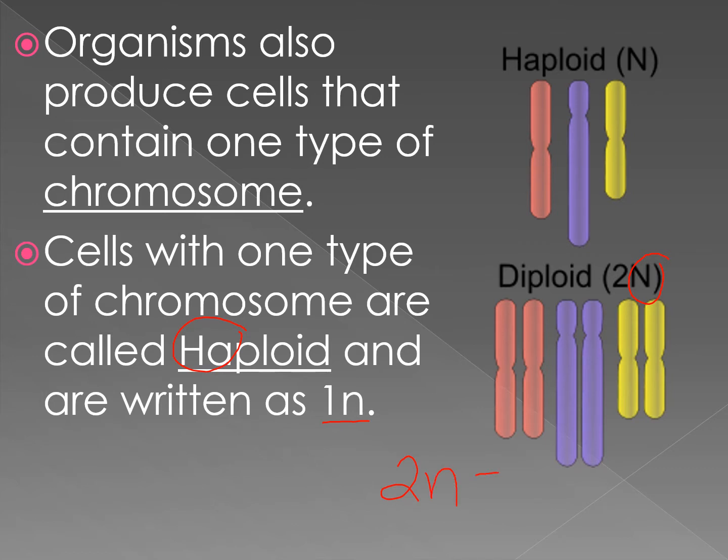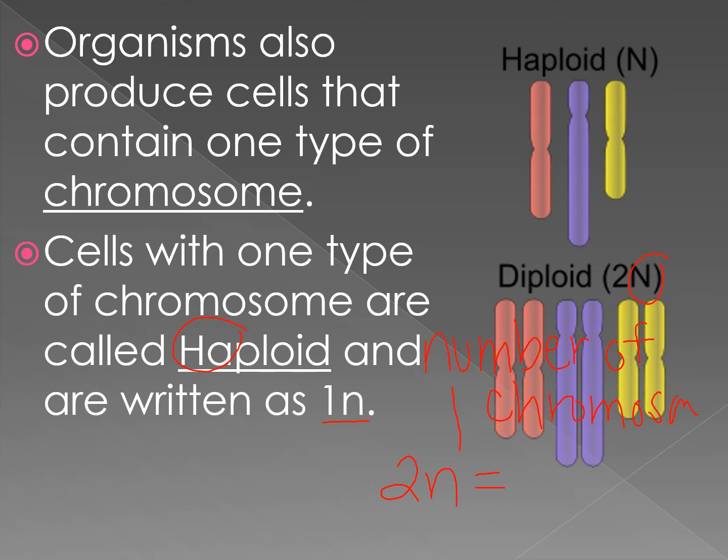So 2N will equal the number of chromosomes, right? So N equals the number of chromosomes, and that's per cell.